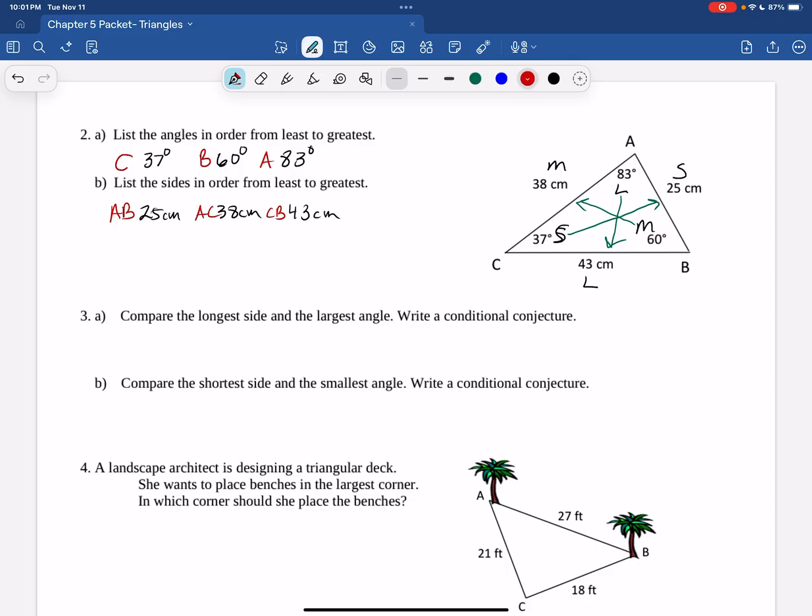Okay, and so that is true for all triangles. So we're going to take that observation and write it into a conjecture, and we're going to say that in any triangle, the longest side is opposite or across from the largest angle.